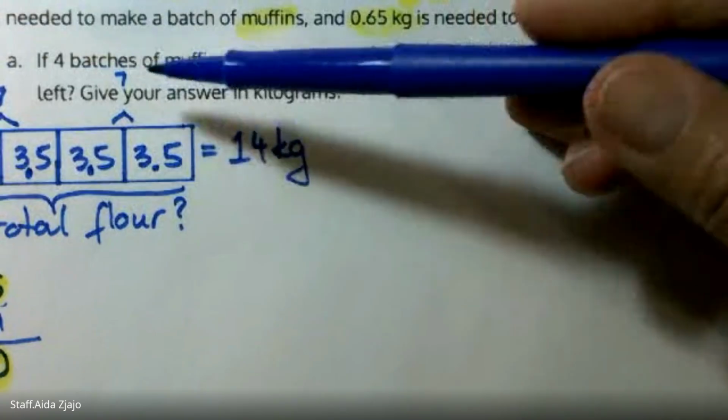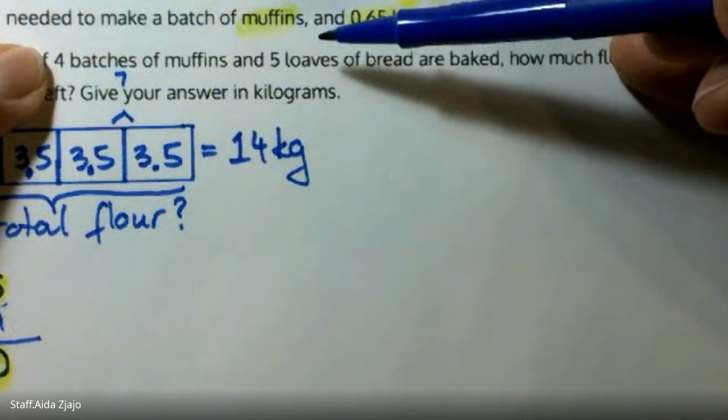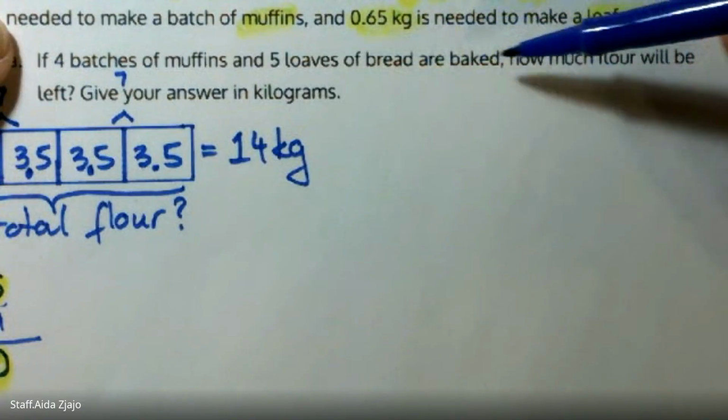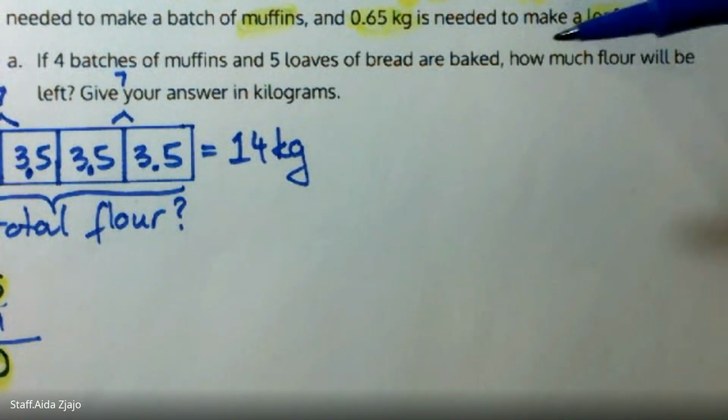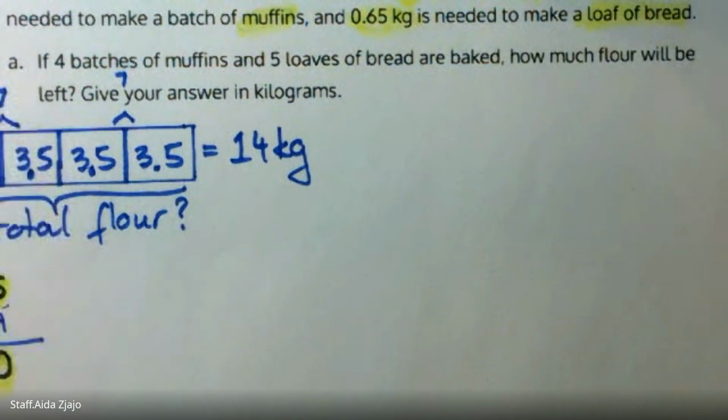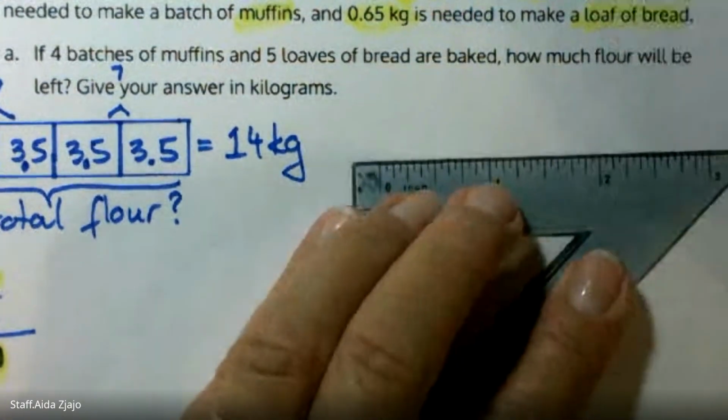It says, if 4 batches of muffins and 5 loaves of bread are baked, how much flour will be left? So now you have 4 and 5.